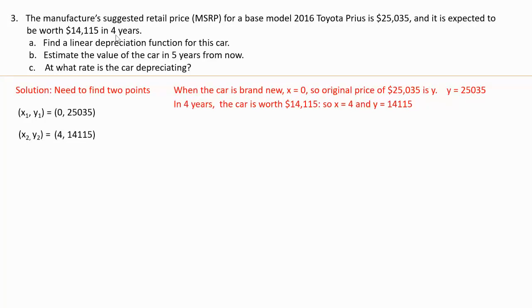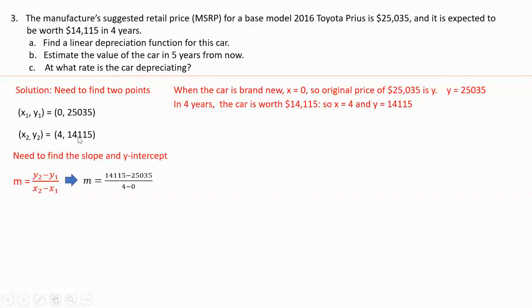Now, since I found my 2 points, I need to put the equation in slope-intercept form. I need to find my slope. So again, we're going to do what we did earlier, find the equation of the line given 2 points. We got our 2 points from the information above.